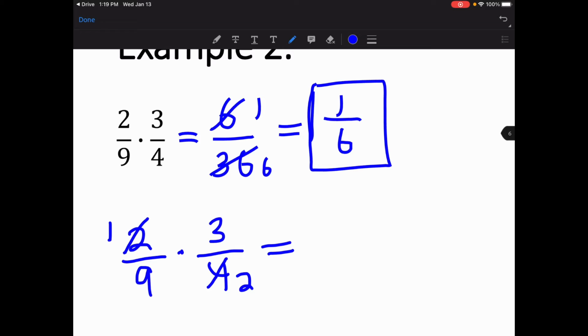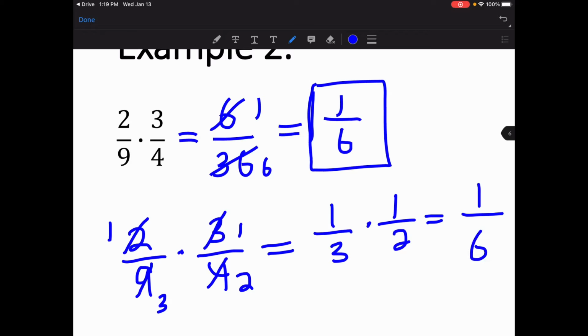They're both divisible by 3, so 3 divided by 3 gives me 1, and 9 divided by 3 is 3. Then we have 1 over 3 times 1 over 2. Then we can multiply across. 1 times 1 is 1, over 3 times 2 is 6. You will end up with the same answer. So whether you multiply first and simplify, or simplify before you multiply, you're going to end up with the same answer.